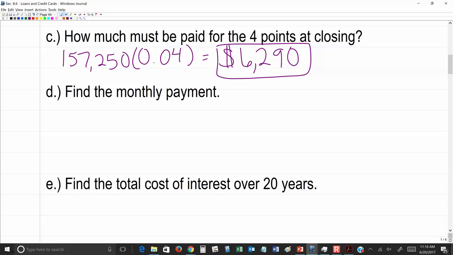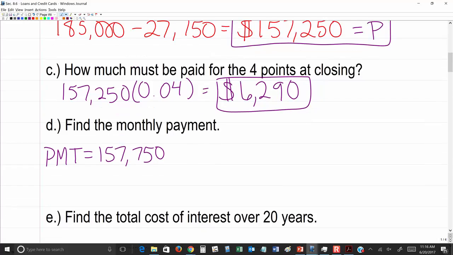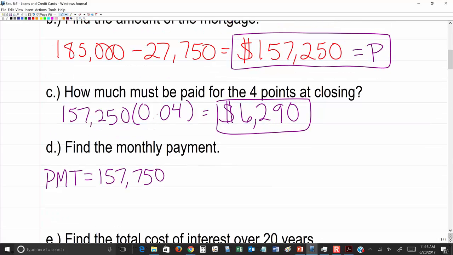Okay, so find the monthly payment. So this is where you actually use the formula. All right, so payment equals the principal, which is $157,750, times R over N. So the rate was 6%, 0.06, and it's a monthly payment, so N is 12.